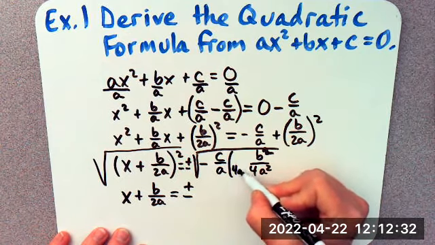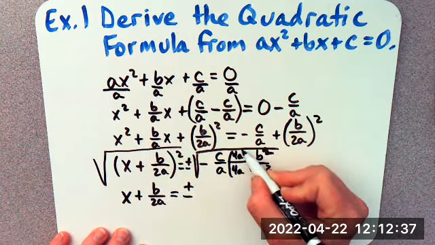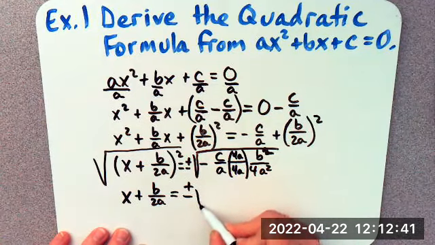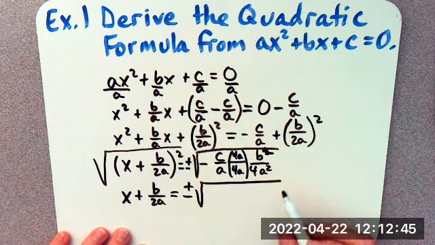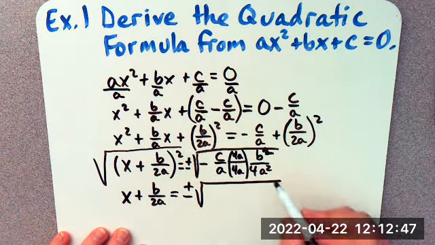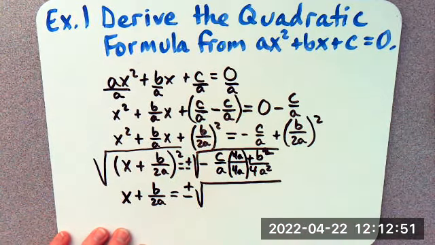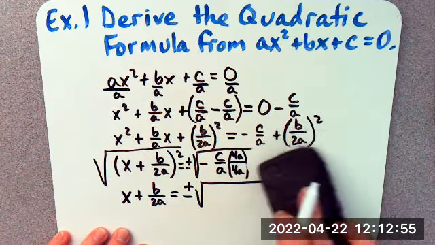So we're going to multiply by 4a here and 4a here. So we have the square root and we have a plus in here. Let me rewrite this section so it's a little more visible what we're doing.